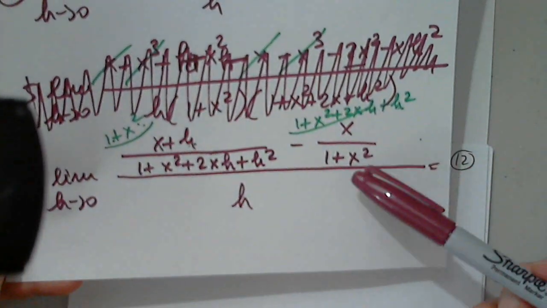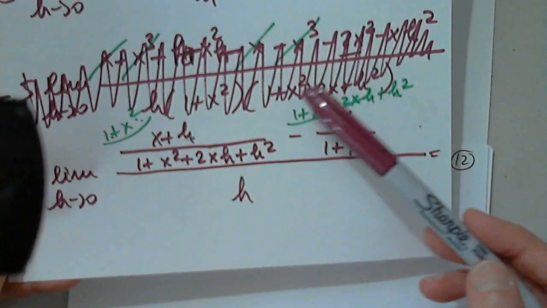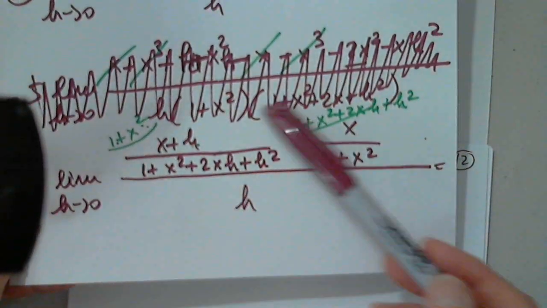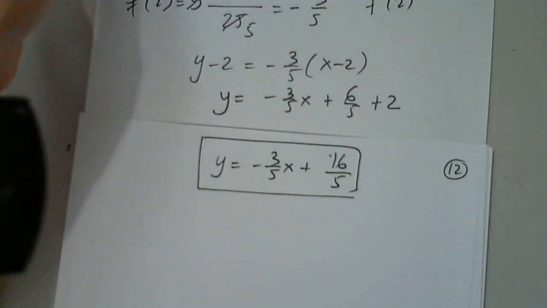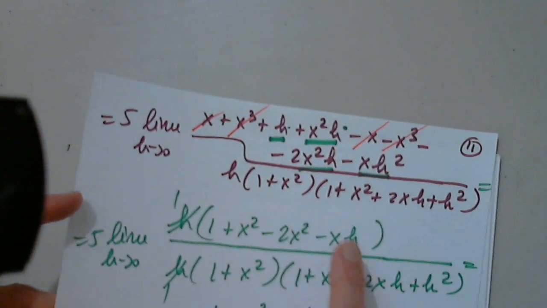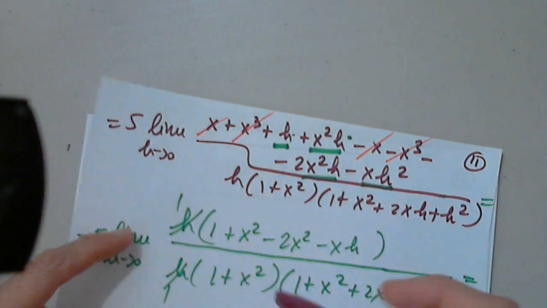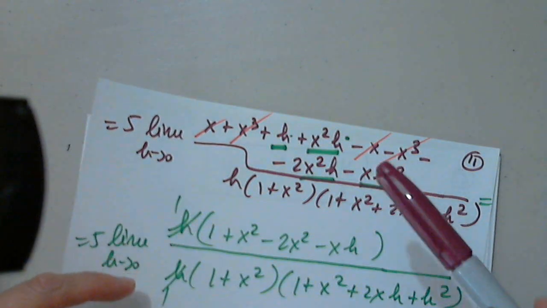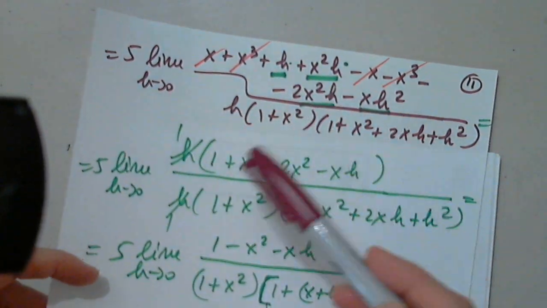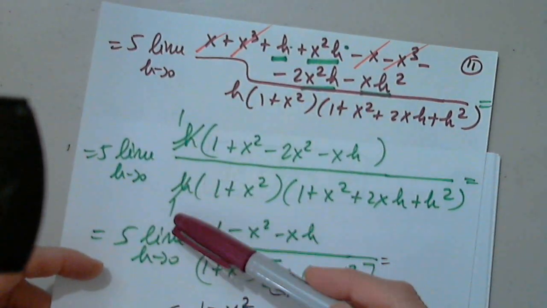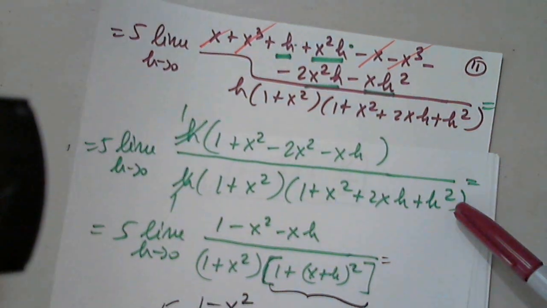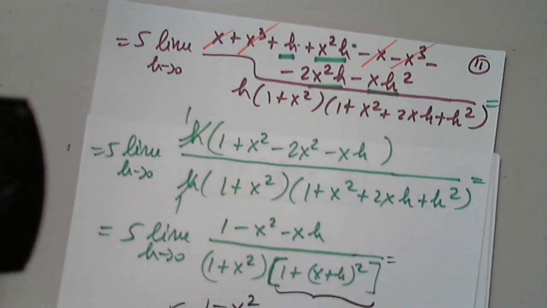And then I was a little bit surprised that we didn't get more simplification, but this is perfect. This is perfect, and this is perfect. All terms without h are going away. Then all the remaining terms have h in common, and that's what we wanted. And then the rest is fine. So that was the error.